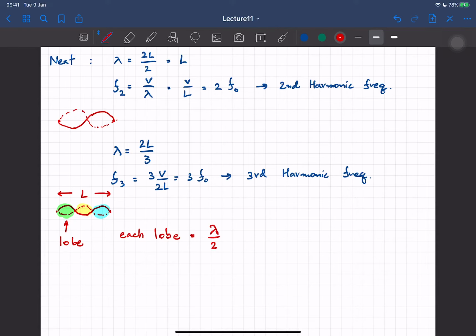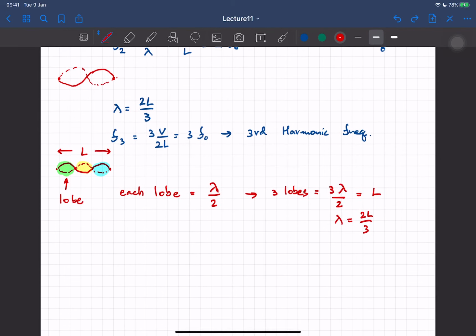So 3 lobes altogether give you the length L. That means 3 lobes equal 3 lambda over 2 equal to the whole length, which is L. So that gives you lambda equal to 2L over 3, which is the same thing that we had earlier. So this is a more visual aid that you can use to figure out the wavelength of this particular harmonic frequency.